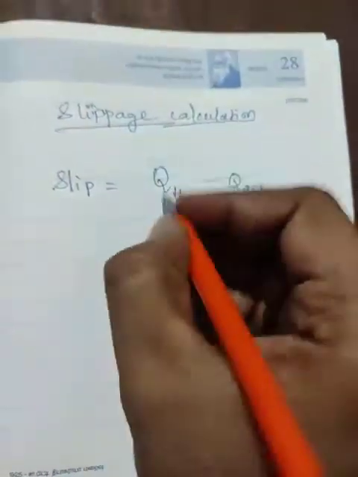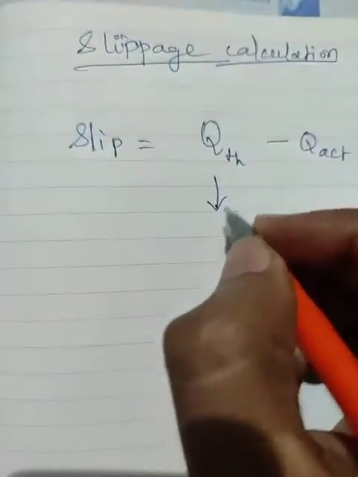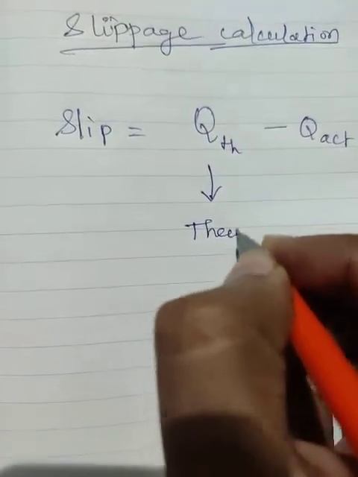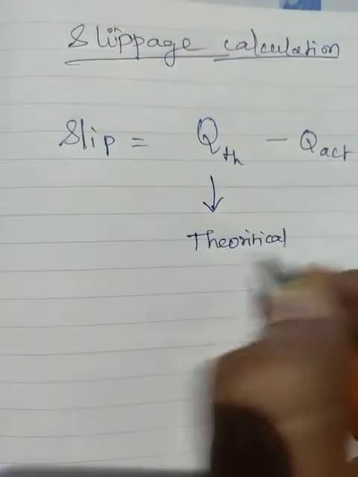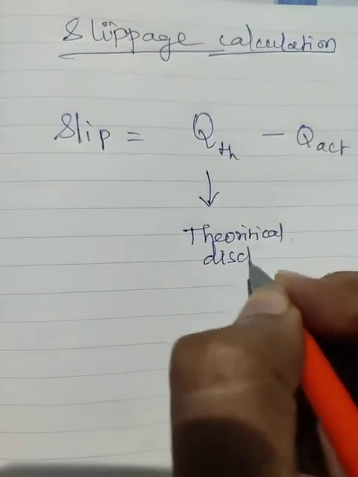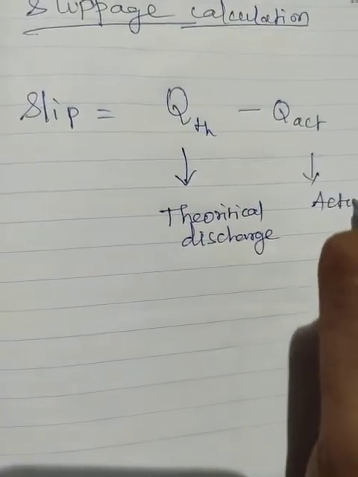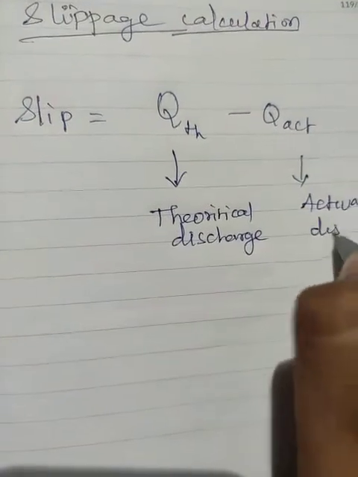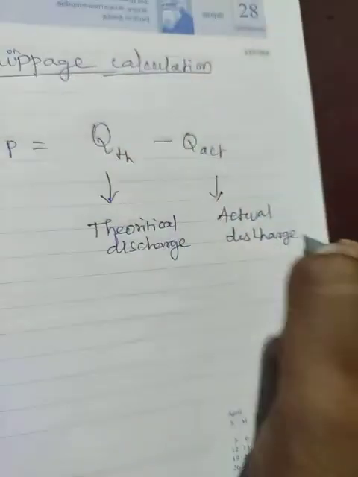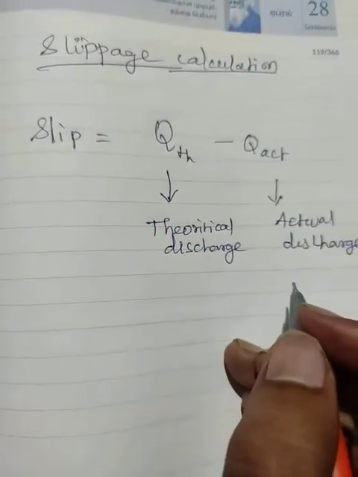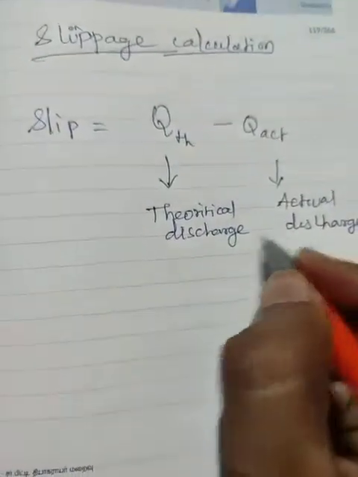Instead, it may slightly increase or slightly decrease over time. This difference is called slip. So the difference between the theoretical flow rate and the actual flow rate is nothing but slip. It is the difference between theoretical discharge and actual discharge.